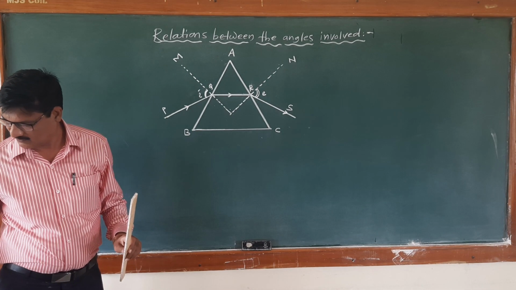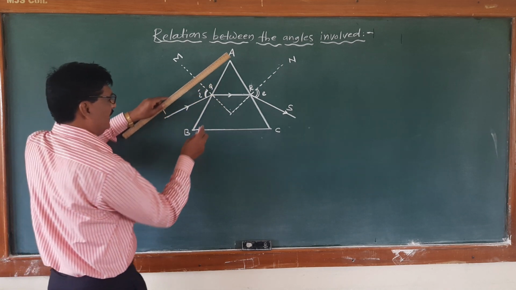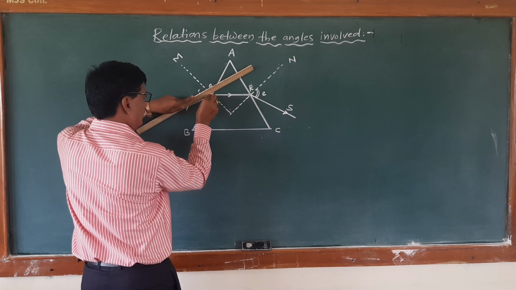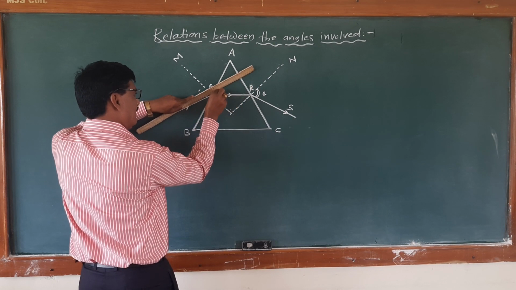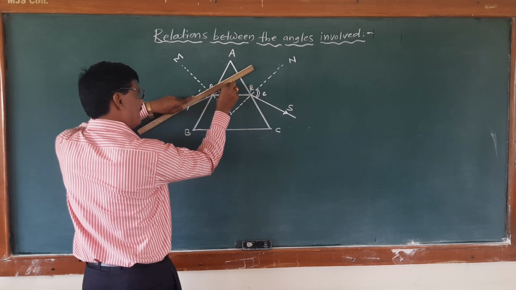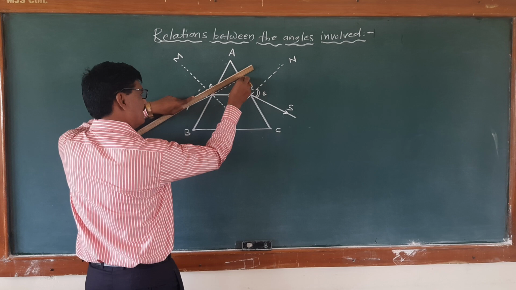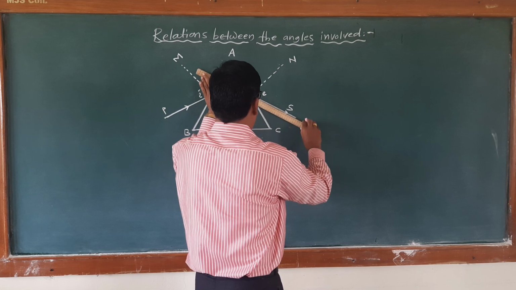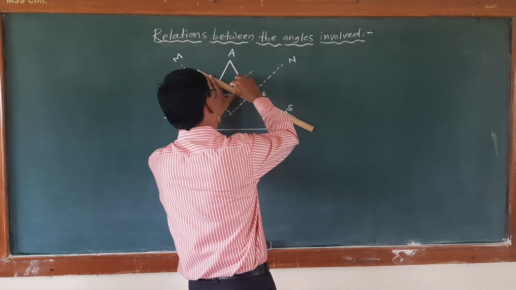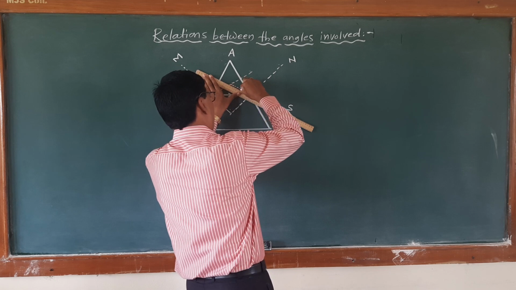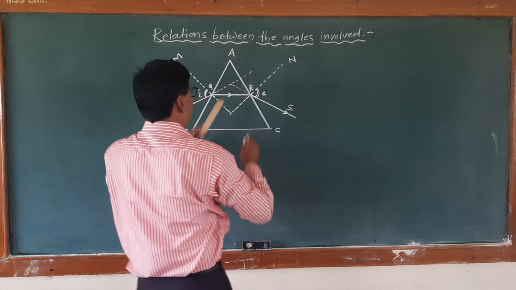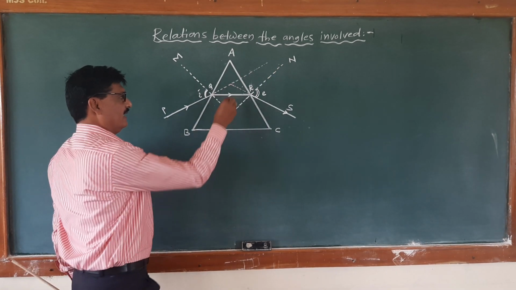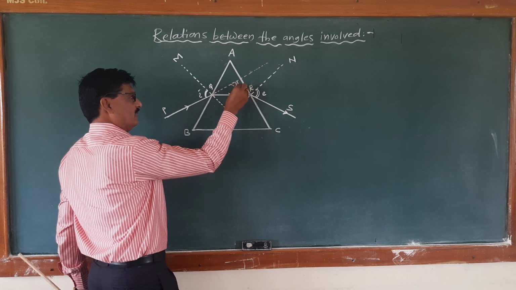Also, I extend the path of the incident ray PQ and the emergent ray. Suppose this is a path. I extend the path of the incident ray and the path of the emergent ray. The incident ray and emergent ray meet each other at a single point, and that angle is called the angle of deviation.